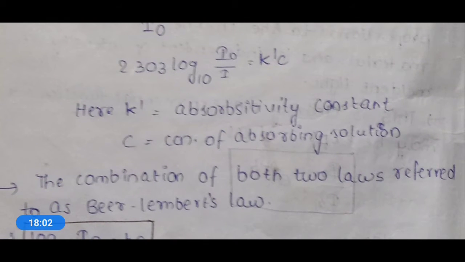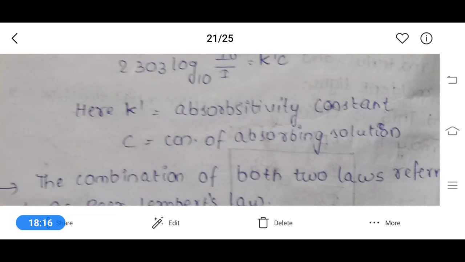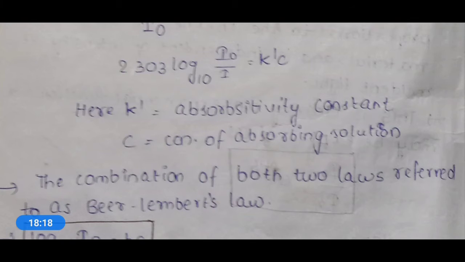So both the laws, Bouguer-Lambert's law and Beer's law, have a few flaws, that means a few disadvantages. To rectify those disadvantages of the two laws, both laws were combined.